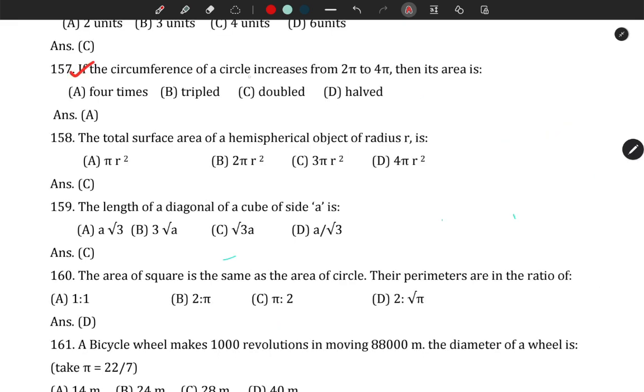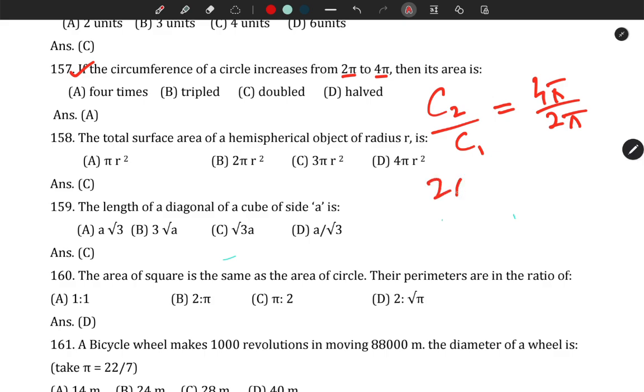Next question, if the circumference of a circle increases from 2 pi to 4 pi, so new circumference, supposing C2, and original circumference is C1, the ratio becomes 4 pi by 2 pi.